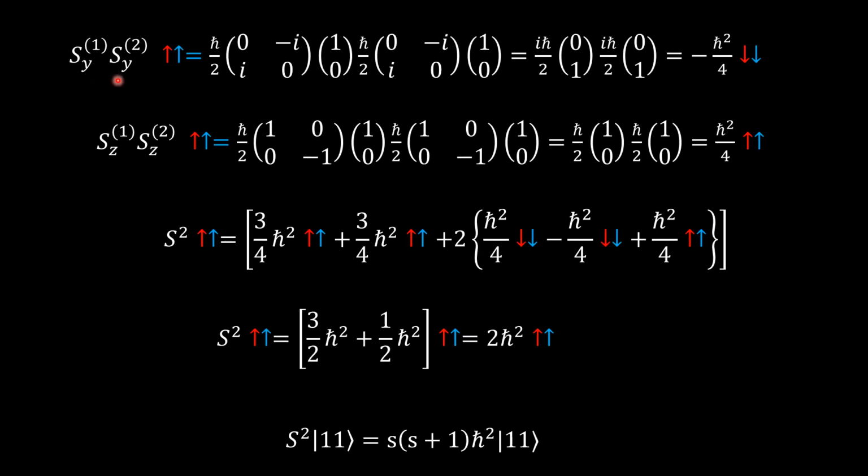Similarly, what will happen if SY1 and SY2 act on the up state? So this is electron, red color electron. So the Pauli matrix SY is this one, that is ħ/2 times [0, -i; i, 0], and it acts on the spin up state, that is the column matrix [1, 0].